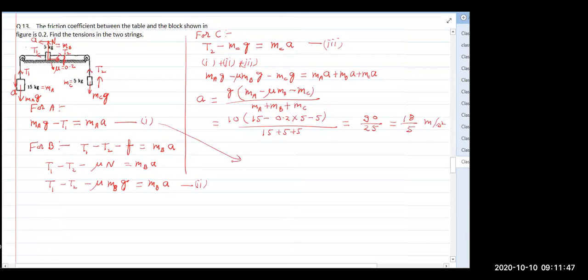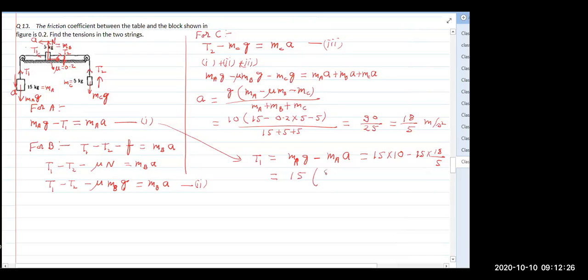For tension T1, T1 can be written as MAG minus MAA. MA is 15, so 15 into 10 minus 15 into 18 by 5.